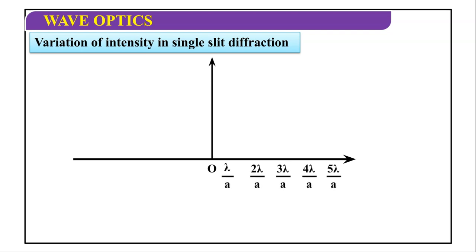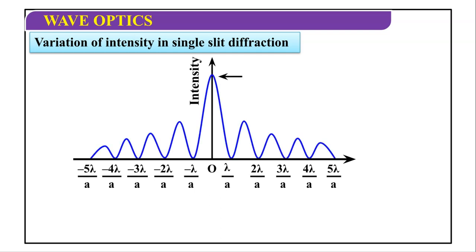There is an intensity pattern at lambda by a, 2 lambda by a, 3 lambda by a, up to 5 lambda by a on the positive side, and on the negative side minus lambda by a, minus 2 lambda by a, minus 3 lambda by a, minus 4 lambda by a and minus 5 lambda by a. In the intensity ratio, as you can see students, the pattern is symmetric.